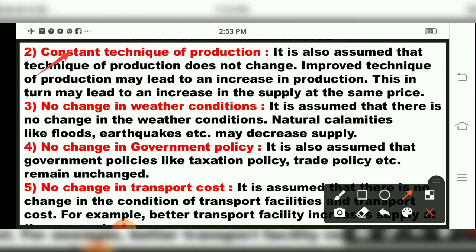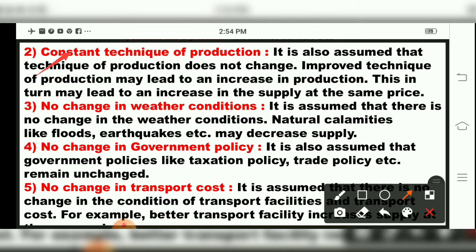Now children, techniques of production means what? Technology has been changed. That is, from manual work, machineries have been taken in for production. So when an improved production process is used, it will increase the production, it will increase the supply, depending upon the price.